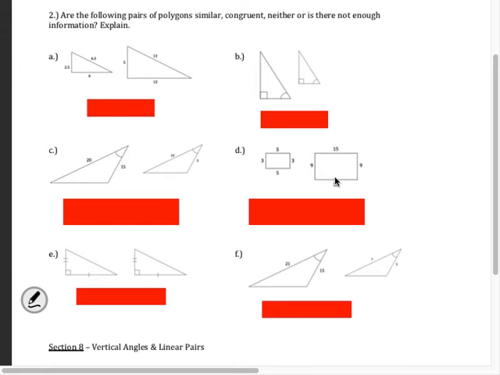If you write similar or congruent, make sure you write the shortcut. You also have an option of neither. If they're not similar or congruent, you could write neither.